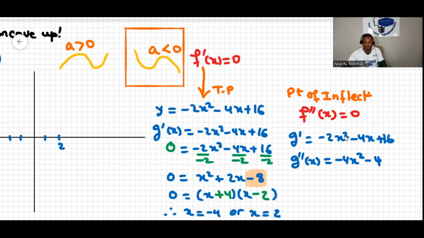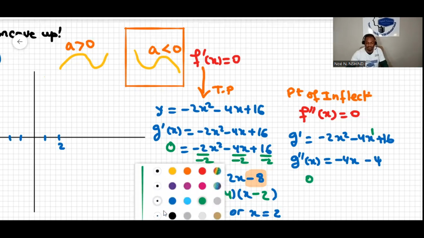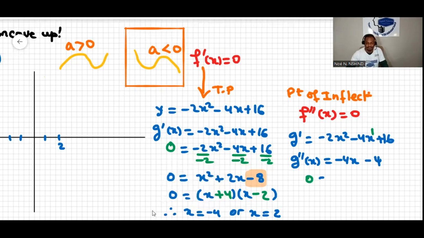we do 2 times -2, that makes -4x, not squared, but x only. Over here, the exponent is just 1, so -4 times 1 is just -4. Now we set this equal to 0, so -4x minus 4 equals 0, because the point of inflection says so in the formula.